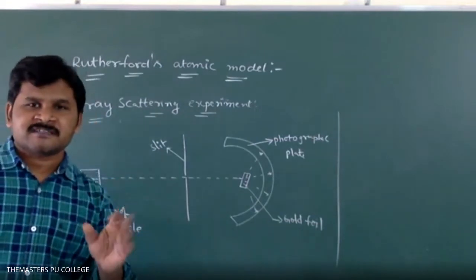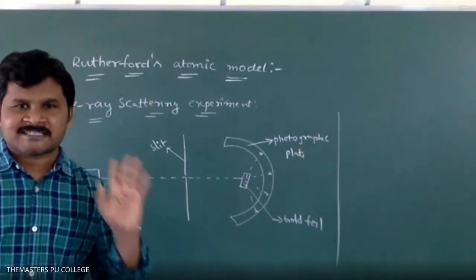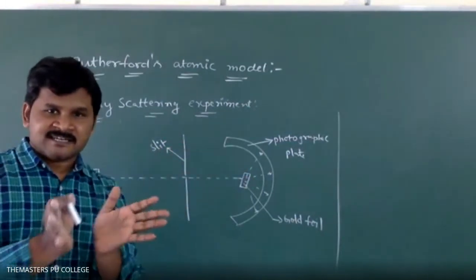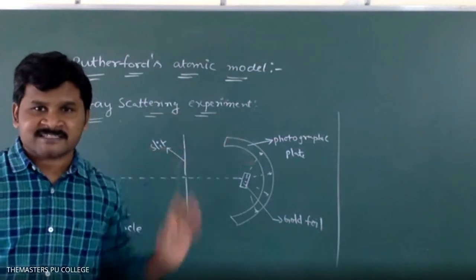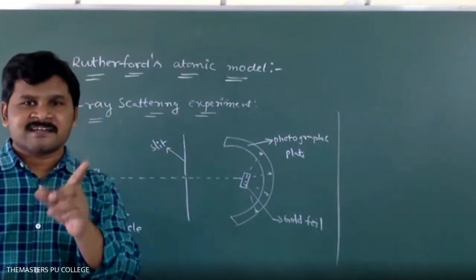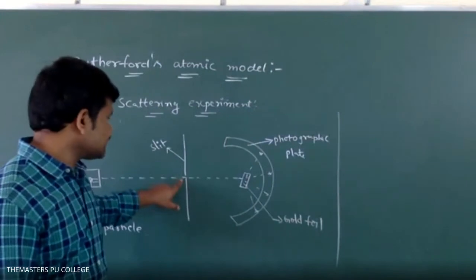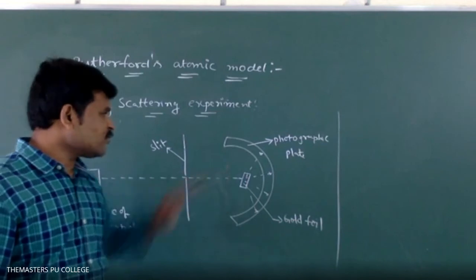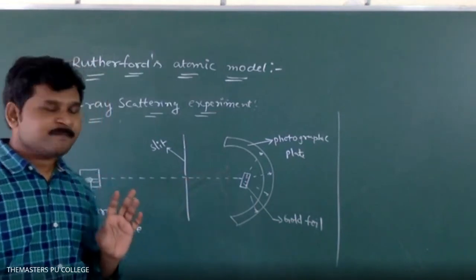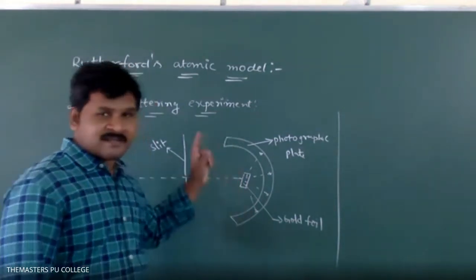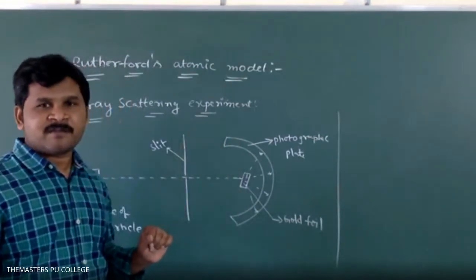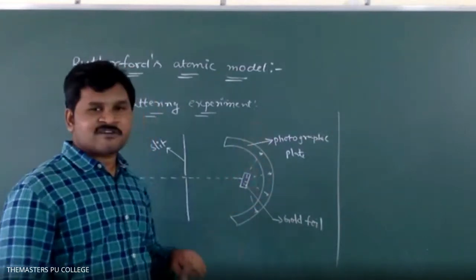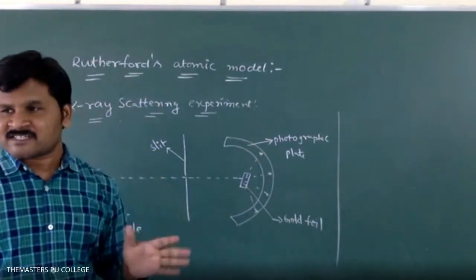A slit produces light in a single monochromatic direction. If you take a torchlight, we can observe light in different directions, but if you pass it through a slit, we get this type of light. The gold foil is surrounded by a photographic plate made of zinc sulfide. Whenever rays strike the photographic plate, we get a tiny flash of light.